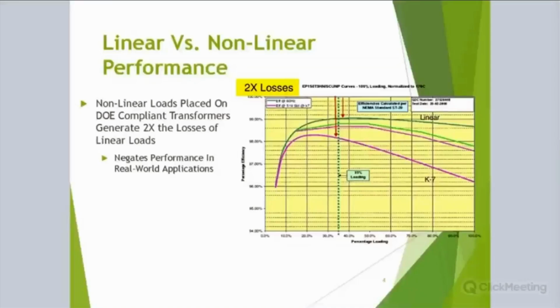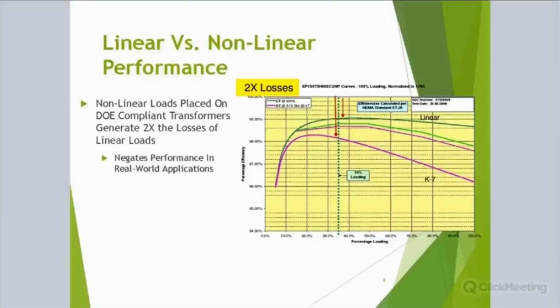So linear versus nonlinear performance, what we're talking about when we talked about the loading is you see these curves. The linear load curve and that dotted green line is where the Department of Energy tests the transformer. So in this case, we've got a transformer that's a little over 99% efficient per DOE.